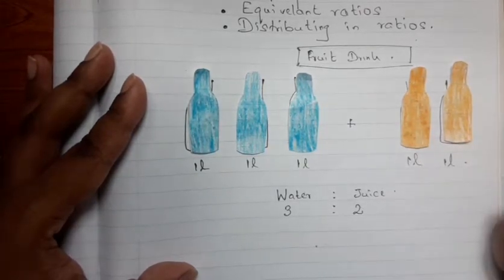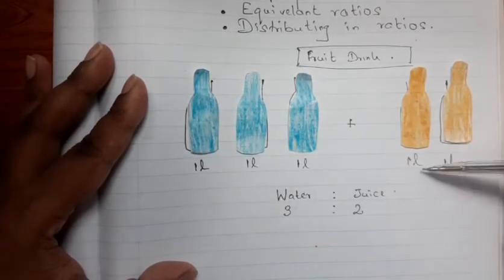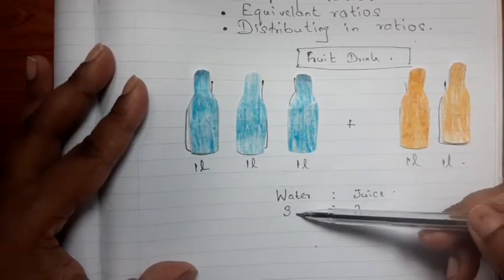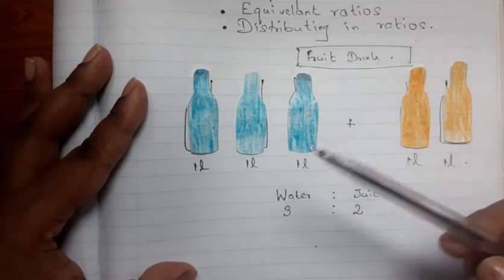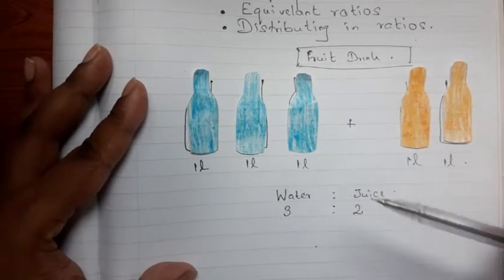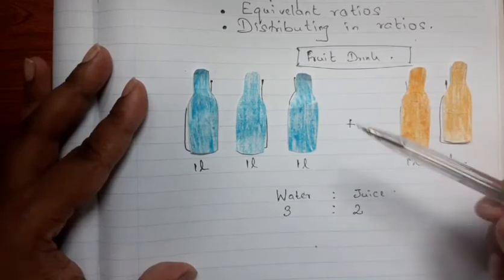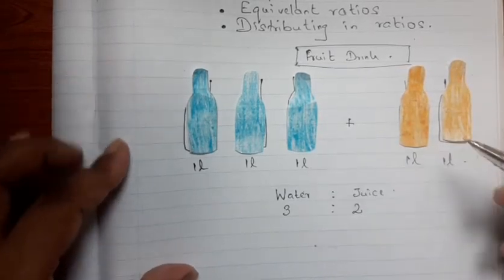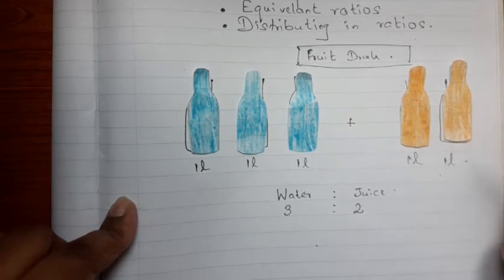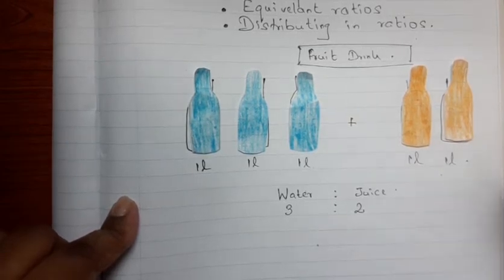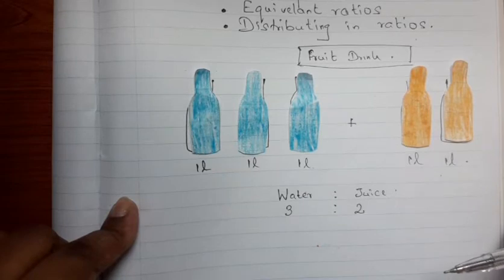That's the first rule. Whatever the units, you don't write them when you are writing in ratio. As well, all the units must be the same in order to write the ratio. So if this is given in liters and this is given in milliliters, you cannot directly write the numbers. If they are convertible to the same unit, you should convert all the units to the same unit, then only you can write the ratio in here.